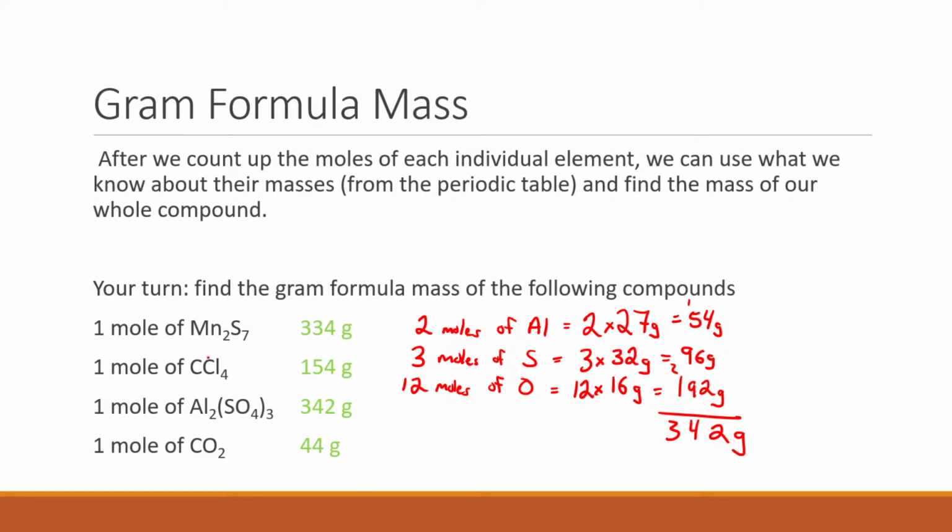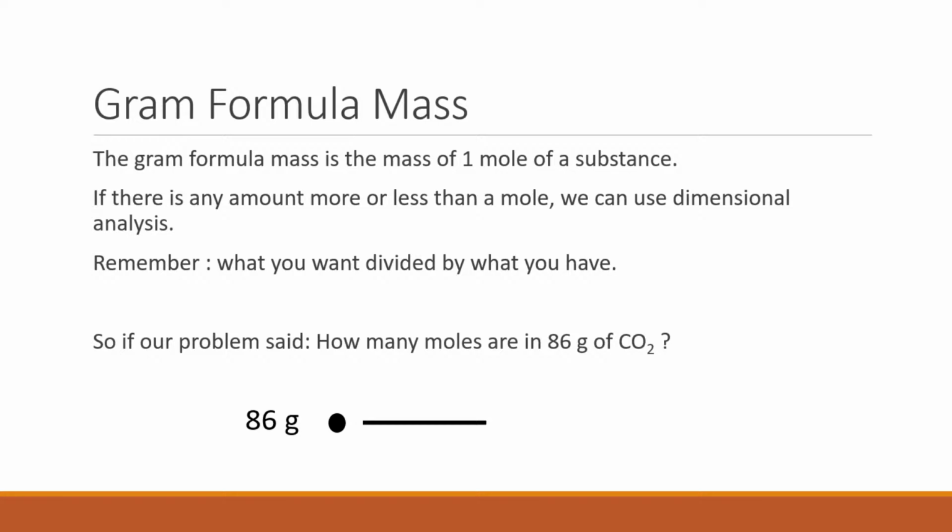Now, not everything is going to be a nice clean 1 mole all the time. Once you know what 1 mole of a substance weighs, you can always convert, because you always have access to your periodic table. If I tell you you have 86 grams of carbon dioxide, we can figure out how many moles that is.